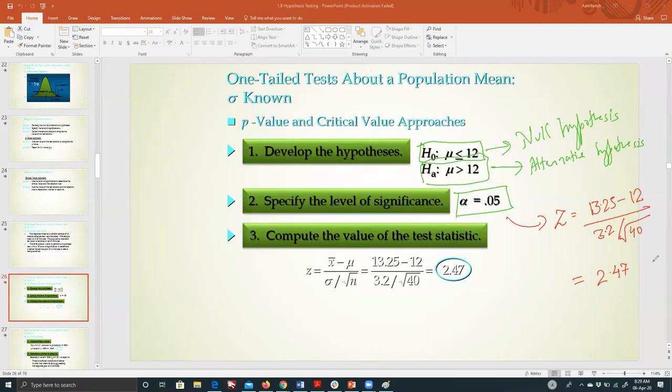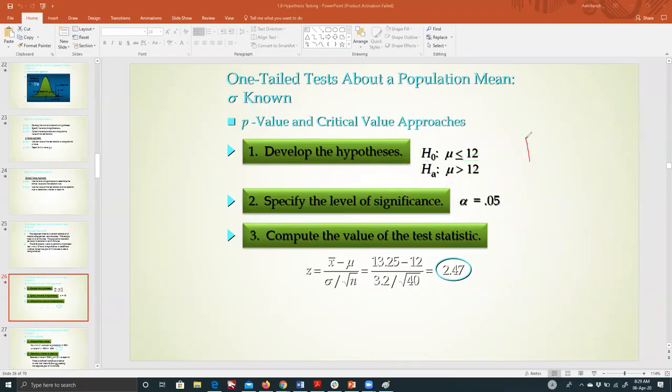Did you guys get the same answer? Yes, Omkar.